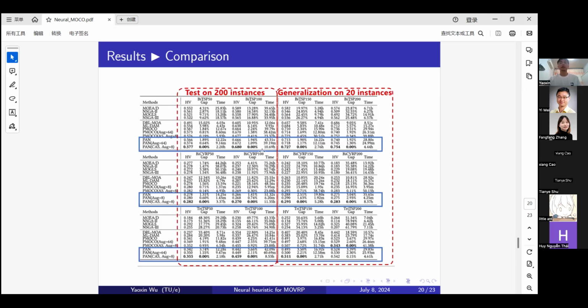And here is the result of this joint optimization of reinforcement learning and imitation learning. We found that this imitation learning brings a lot more inference time than other methods, but it indeed brings a lot of improvement in terms of the performance, the hypervolume.